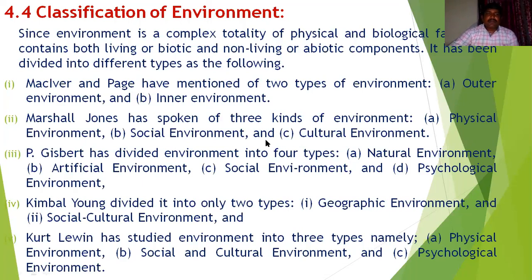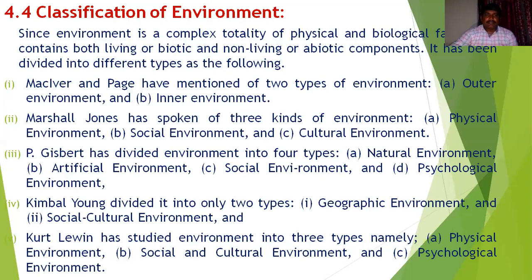P. Gisborne has divided environment into 4 types: A. Natural environment, B. Artificial environment, C. Social environment, and D. Psychological environment.